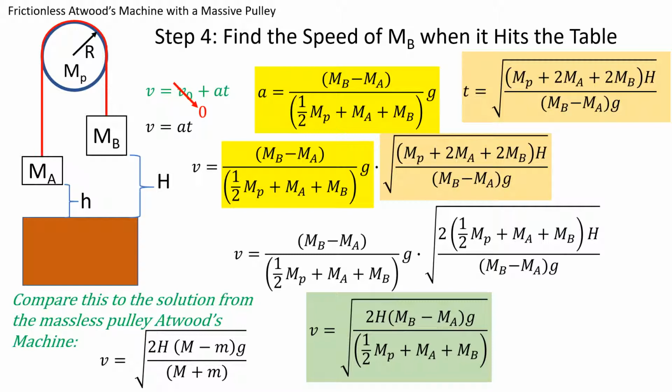Here we have a very similar situation. We have 2h times g in the numerator, we have the difference in the masses, and we have the sum of the masses. And we've added the mass of the pulley to the denominator, so this velocity of the massive pulley Atwood's machine is going to be smaller than that of the massless pulley Atwood's machine.